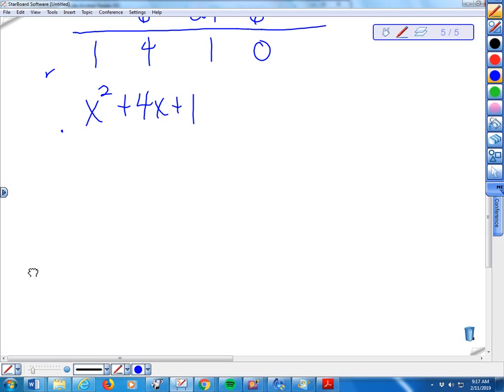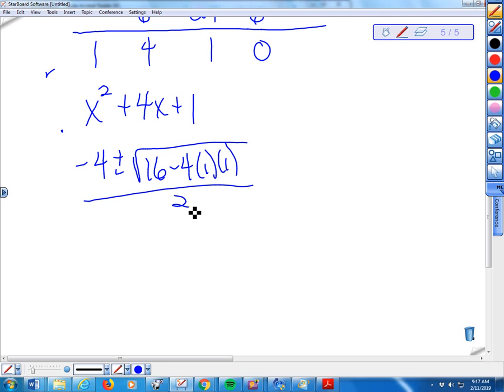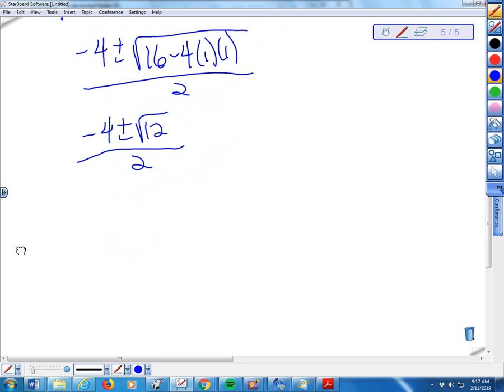So I'm going to have to use the quadratic formula. Negative b plus or minus the square root of b squared minus 4ac all over 2a. 16 minus 4 is 12. How do I simplify the square root of 12? It's 2 square root of 3, right?